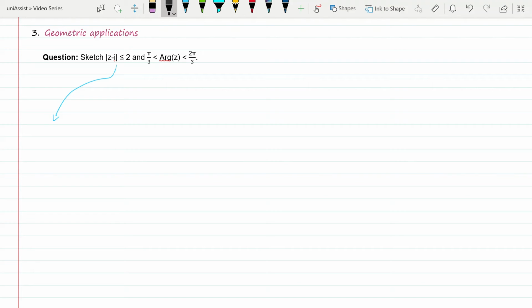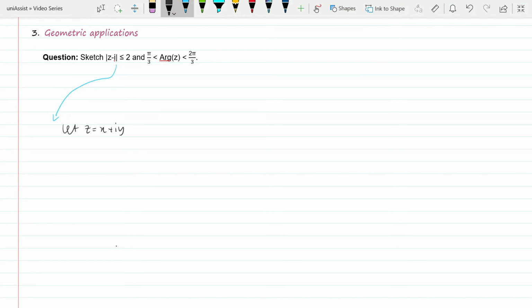So let's first tackle the first constraint. Generally with this, we can take an algebraic approach as well. We can let z equal x plus iy, and then solve algebraically what this relationship is. This is a safe option and will always give you the correct answer, but if you are confident, you can also do it geometrically. So I'll first do it geometrically, and then we can compare it with our algebraic answer.